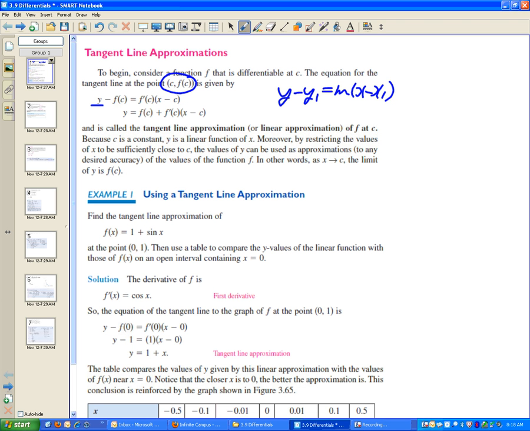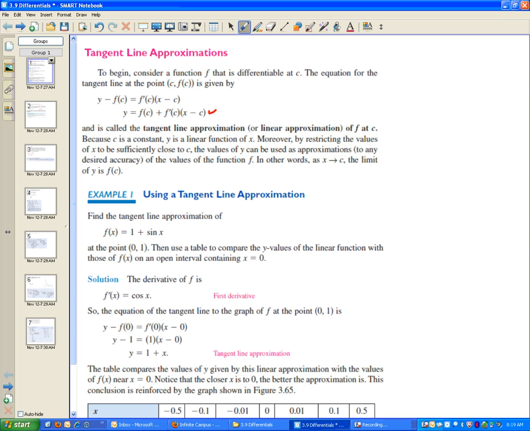So that's y minus y1 equals m times x minus x1. Then you add f of c to both sides so that you have it solved for y. All right, so that's where that comes from. And that's called a tangent line approximation or a linear approximation of the function f at the x-coordinate c.